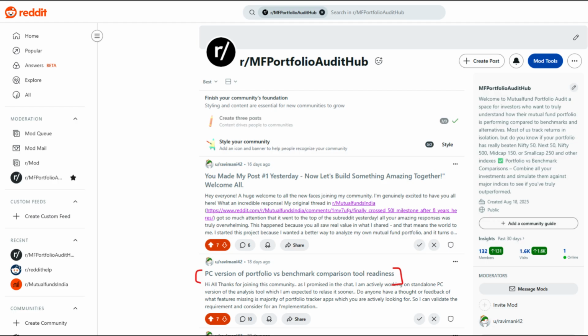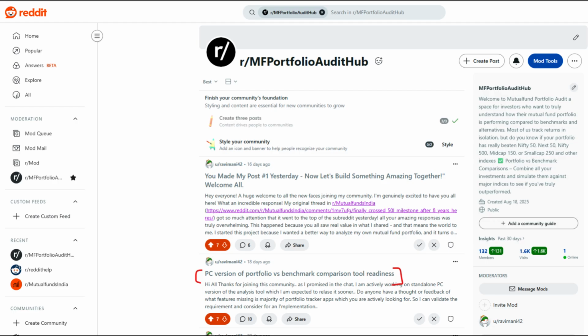First of all, I would like to thank everyone for showing interest in the tool which I have developed to track my own portfolio. As I communicated in the other post, I started working on the development of this tool in order to install it as standalone PC software, so that anyone can install it on their own PC and do the analysis on their own.